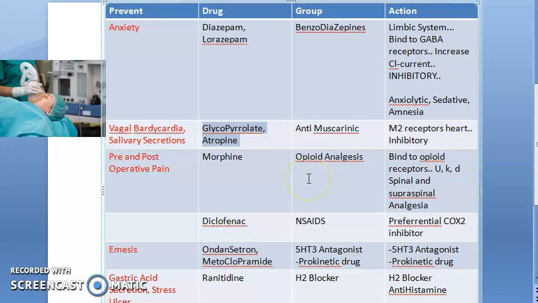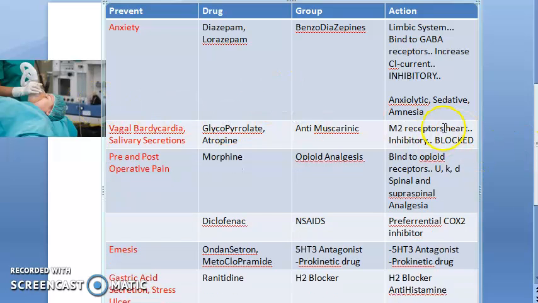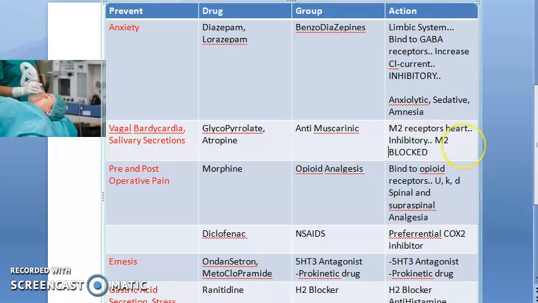M2 receptors are actually inhibitory, correct? So M2 receptors are inhibitory. These will get blocked now. That's the whole point. You want to block the M2 receptors. That's how they prevent bradycardia and salivary secretions. This much you understood, right?